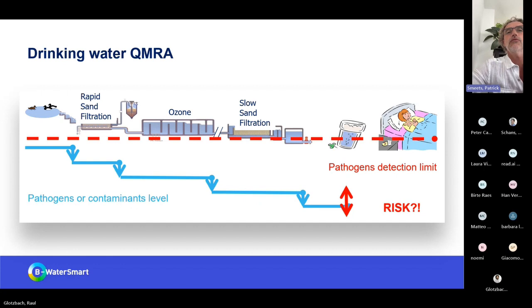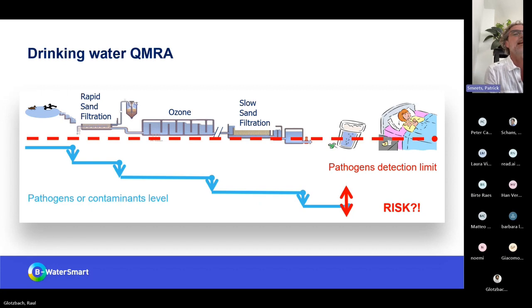So if you have a little bit of chlorine in the water, the indicator organisms may already be gone, but the actual pathogenic microorganisms may survive, especially, for example, Cryptosporidium and Giardia. So in the Netherlands in 2002, there came new legislation saying that if you produce drinking water from surface water, you have to perform a quantitative risk assessment to demonstrate that the drinking water is actually safe.